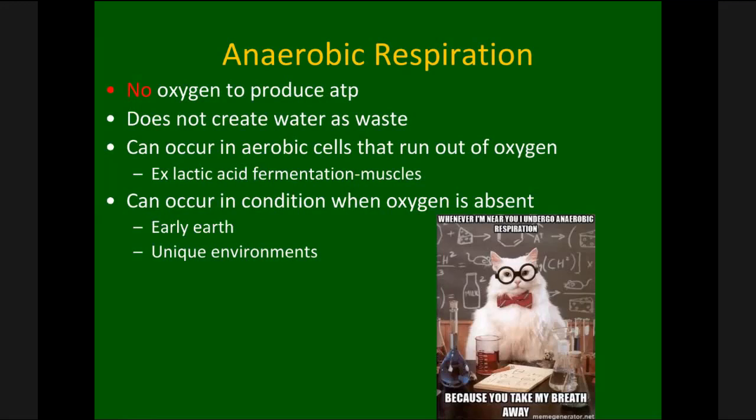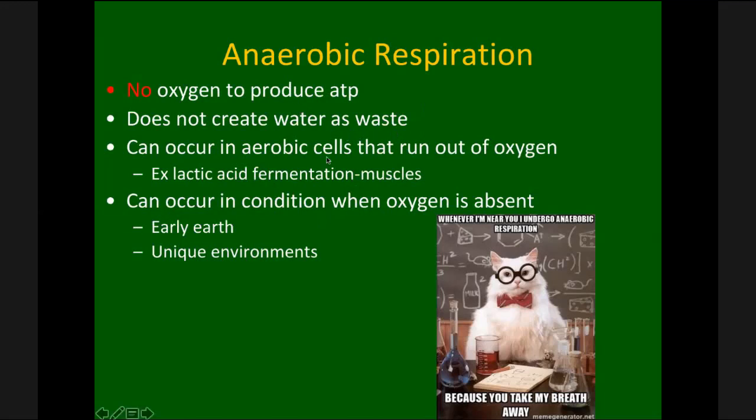So anywhere from 2 to like in the 20s ATP, depending on the type of anaerobic respiration that you're talking about. Since they're not using oxygen, they're not generating water at the end of the electron transport chain. So they're going to have different types of waste products depending on the anaerobic process. And I'm going to talk about that in a bit, right?